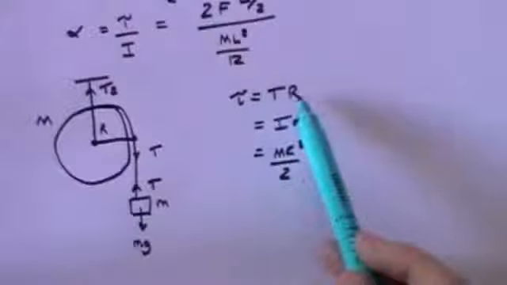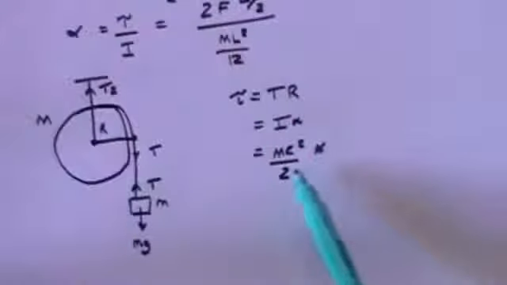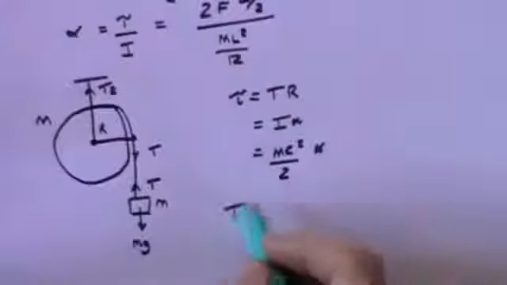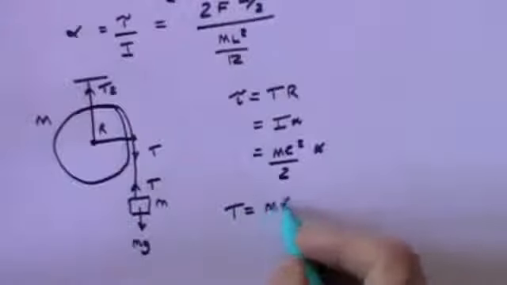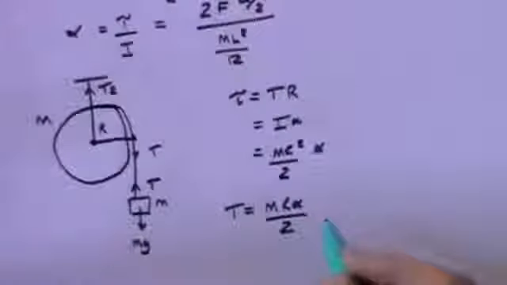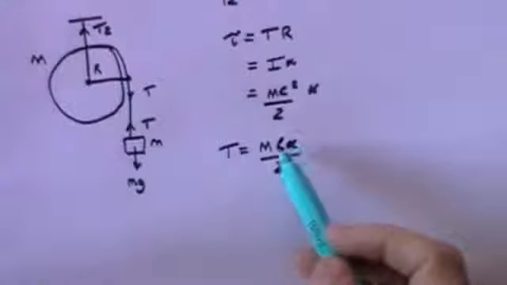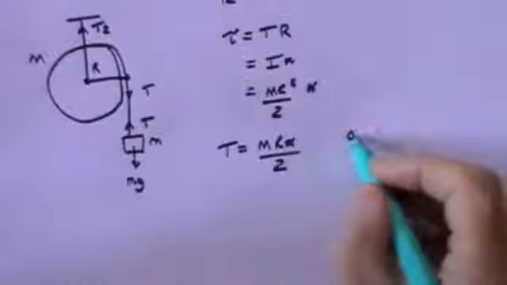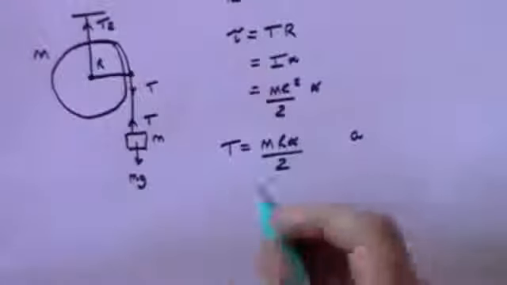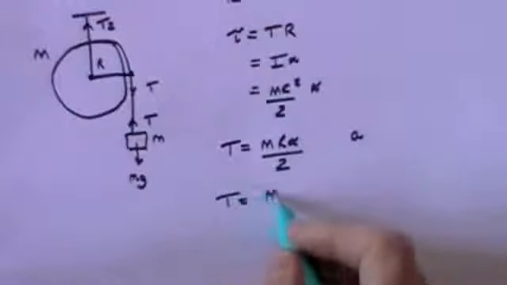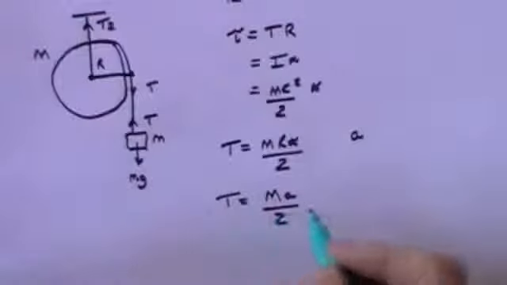So TR equals Mr squared alpha over 2, which means that T is equal to Mr alpha over 2. But as we showed in the previous video, alpha times r is simply the acceleration, and that gives us T equals Ma over 2.